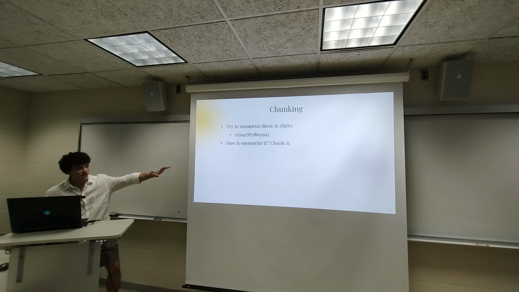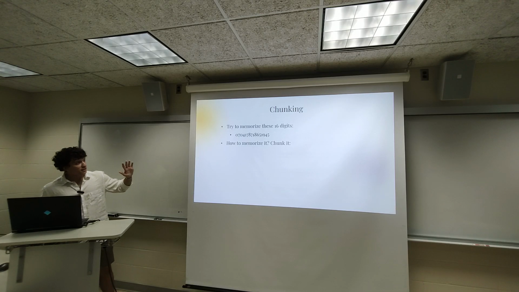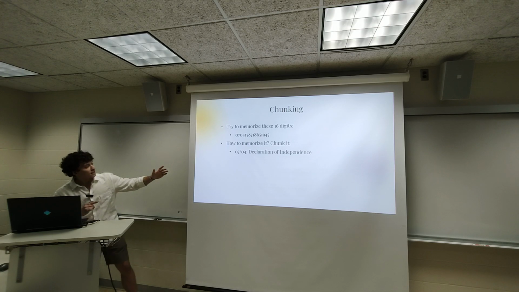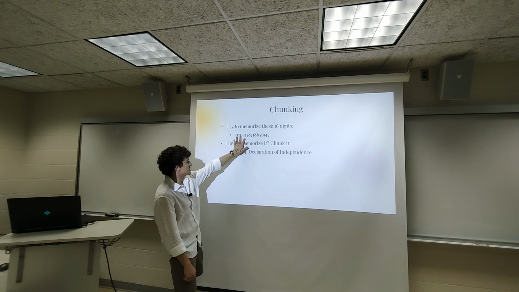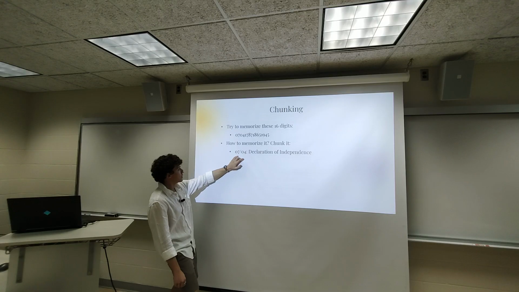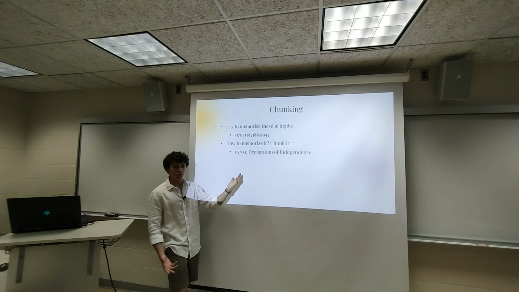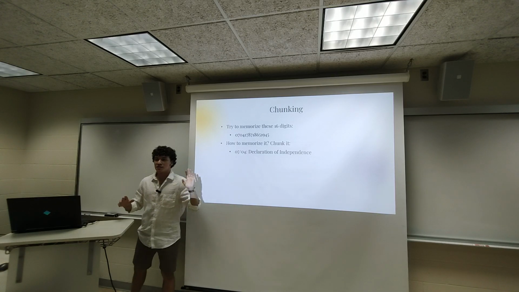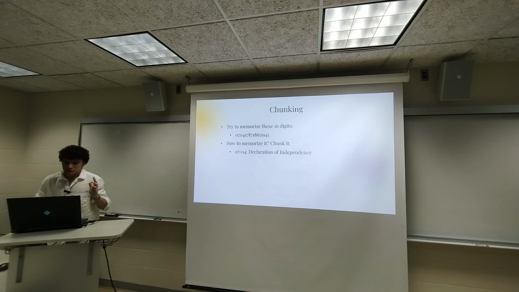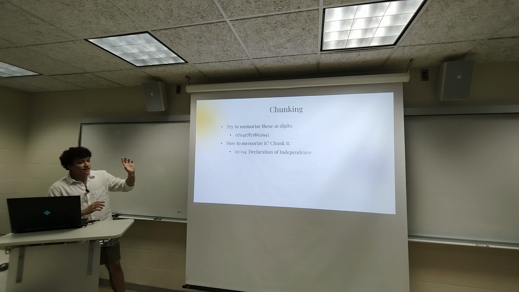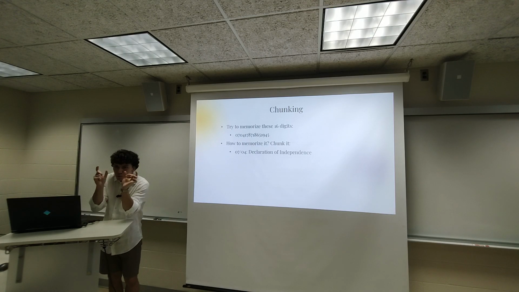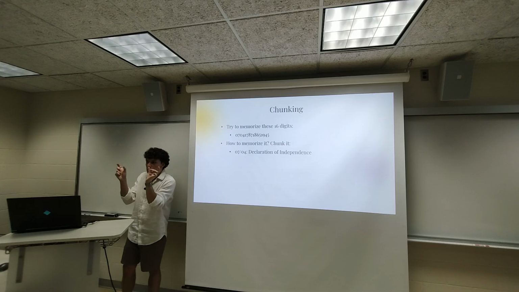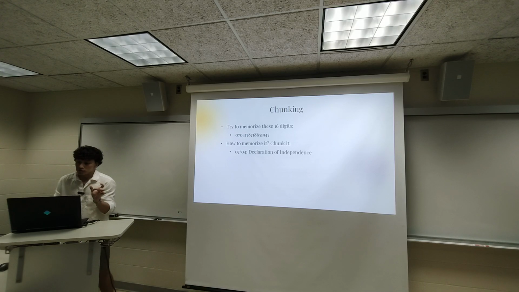So how can you memorize it? You can chunk it. If you divide the 0704, for instance, the beginning, you could maybe remember, well, that's the Declaration of Independence. So that's something easy to remember. If you can chunk something into multiple parts and find meaning in each one of those, that can be very helpful.